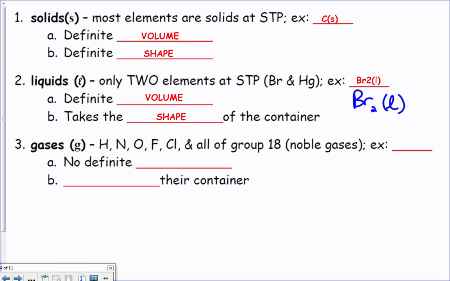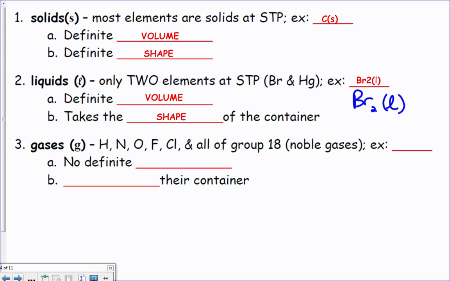But it does take the shape of its container. Of the entire container? No, it doesn't take up the entire mug anymore because I only have half a cup of coffee left. But it does take up the container where it is able to, what its definite volume will let it. And on the next one you'll understand why when we get into gases.